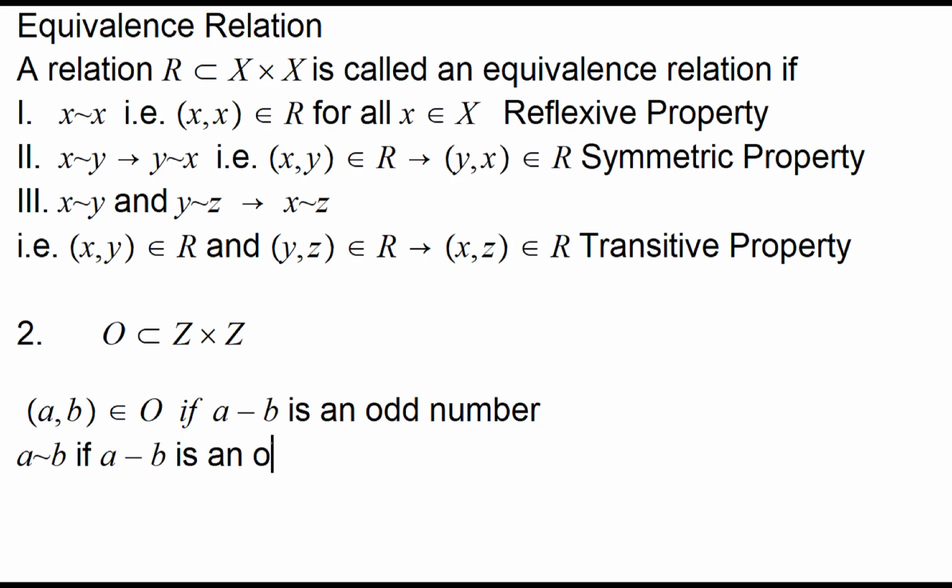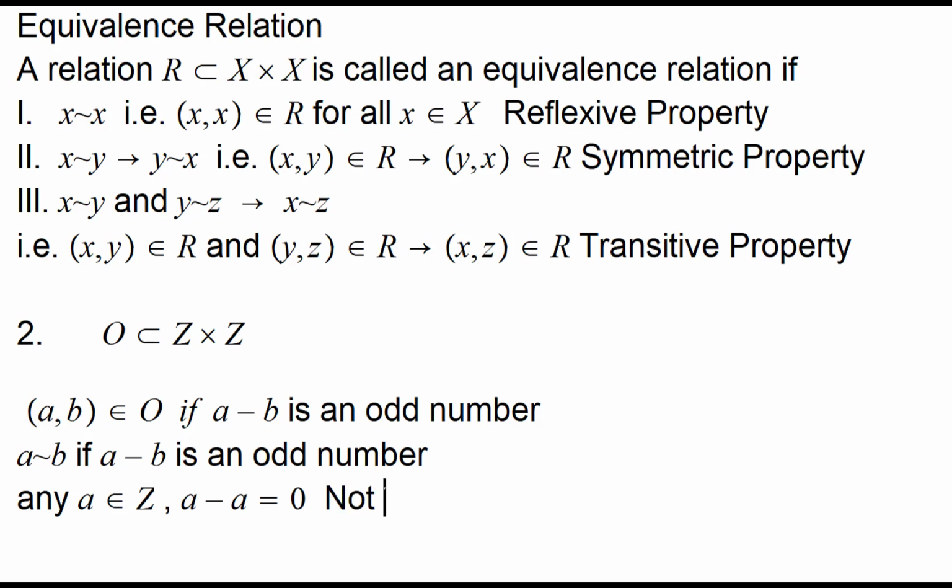So if we want to check it being reflexive, then notice this: take any A in Z, or any integer. What happens? A minus A is 0, which is not an odd number, right?